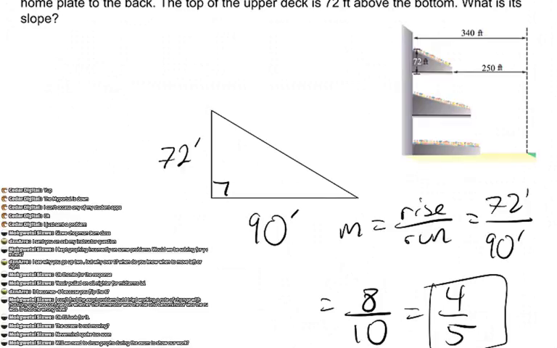It says type an integer or simplified fraction. When you get on the exam, please be sure to follow instructions. So be sure to answer the question being asked and be sure to follow the instructions. So this is 4 by 5. I want to check this. Oh, good. Okay, that's correct.